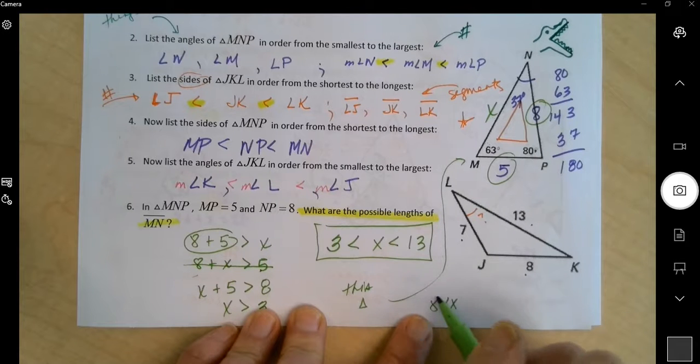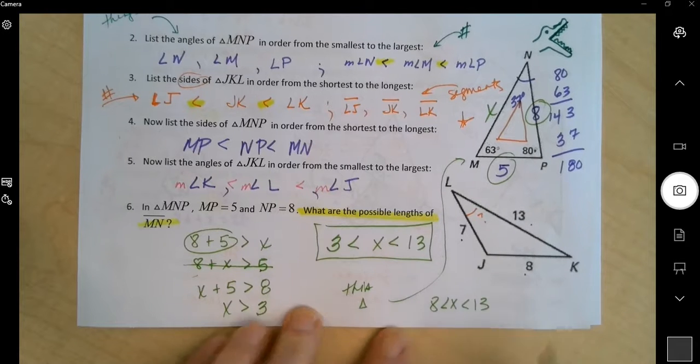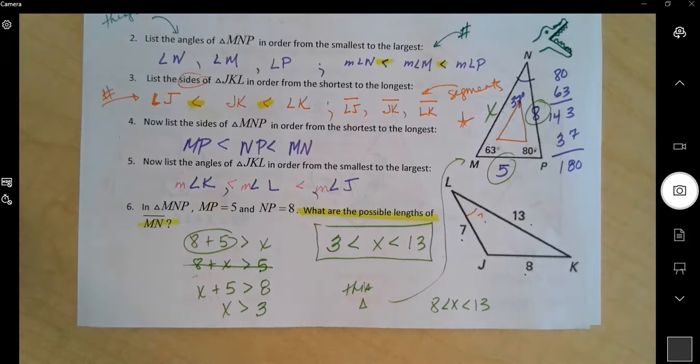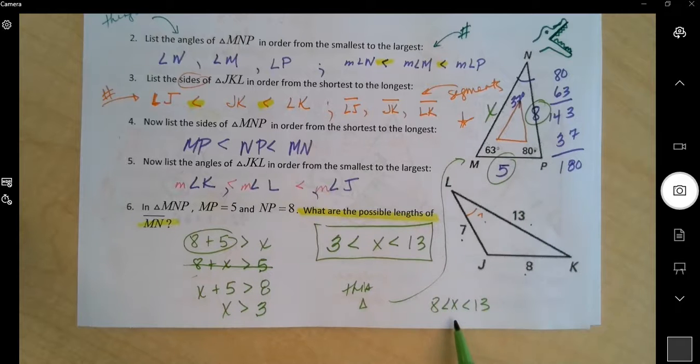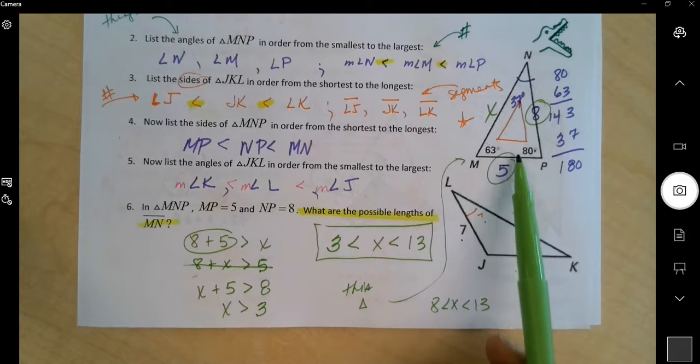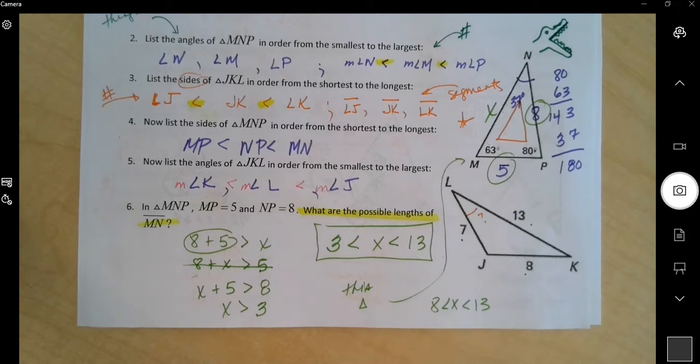So X has to be bigger than 8 and smaller than 13. In order to make a triangle, he can be any of these lengths. But once I'm given these angle measurements, I know that X is opposite my largest side, so it has to be something greater than 8. All right. Sound okay?